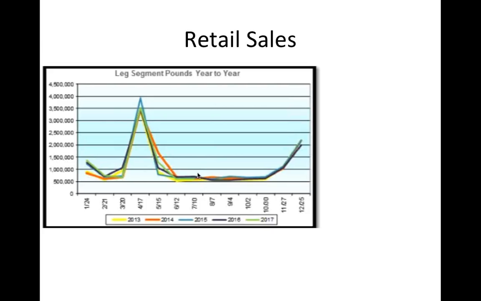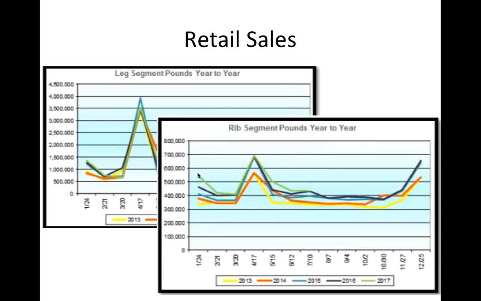And then in April, it jumps up to somewhere between 3 and 4 million pounds. So threefold the leg sales in 1 month. And that rapidly falls back off, holds steady throughout the summer and into the fall, and then right up until our Thanksgiving and Christmas holidays in November and December, there's an uptick again in lamb leg sales.